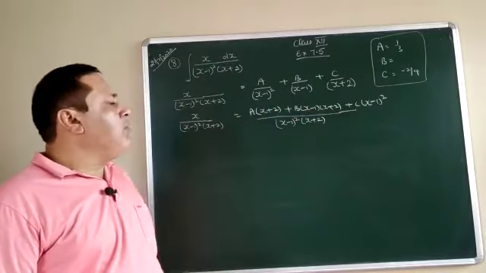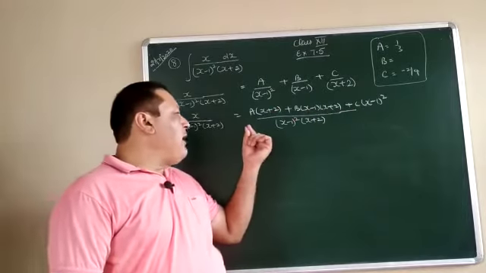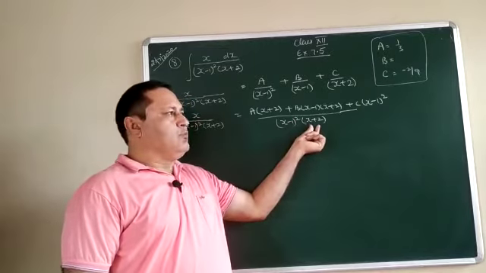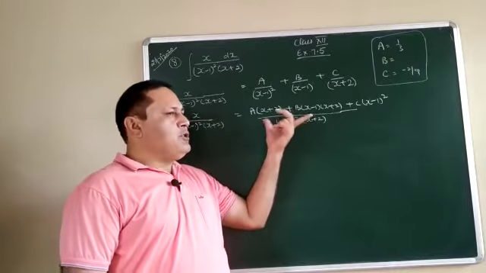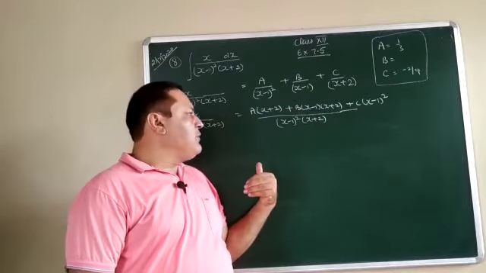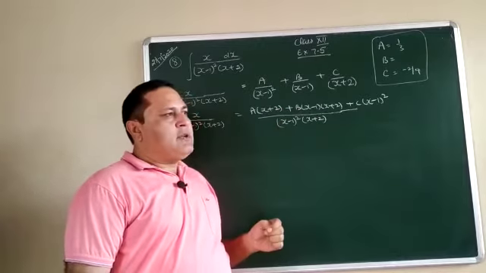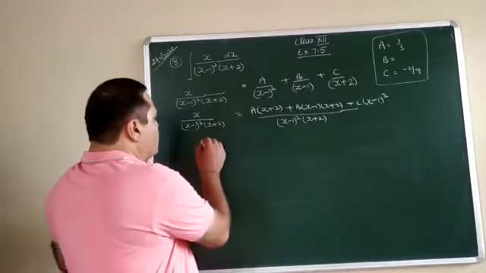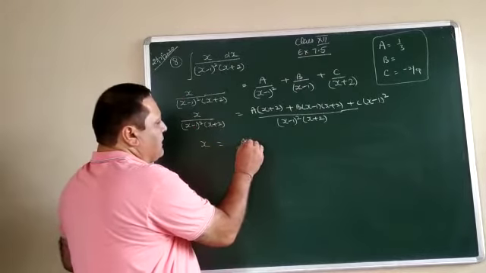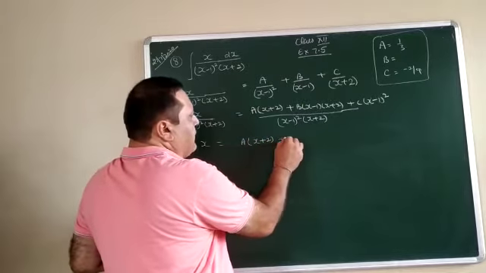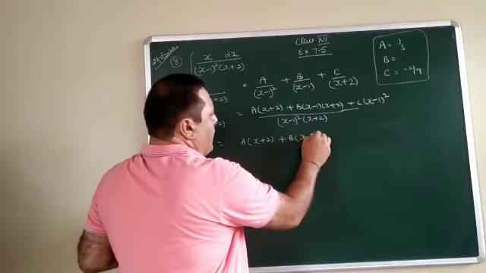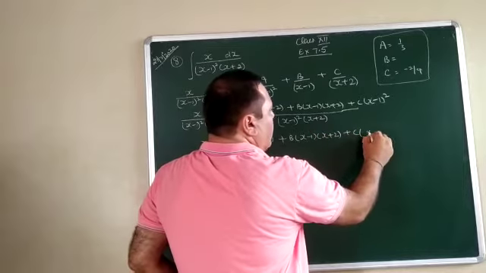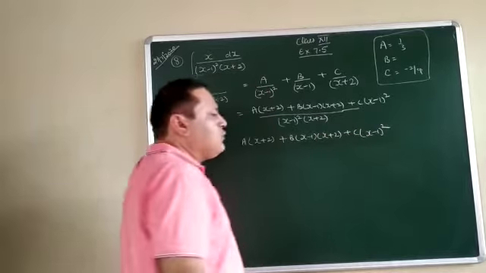Now for the value of b, listen. We have two components, one is x minus 1 and the other is x plus 2. First we substituted x plus 2 equal to 0 and got the value of c. Then we substituted x minus 1 equal to 0 and got the value of a. But after taking the LCM, we have an equation with only two components, x minus 1 and x plus 2, and both are already used by us.